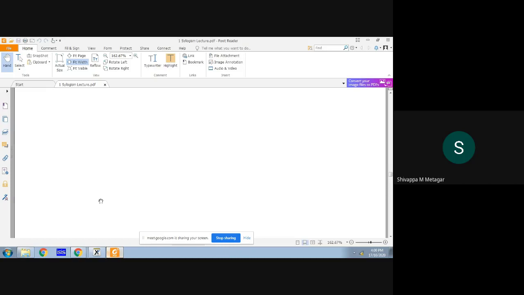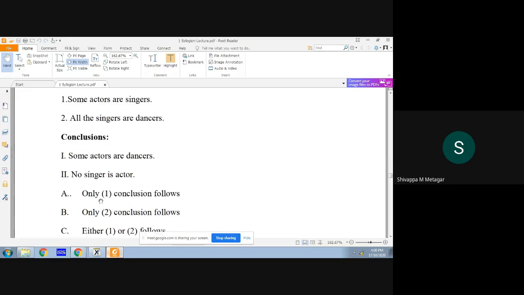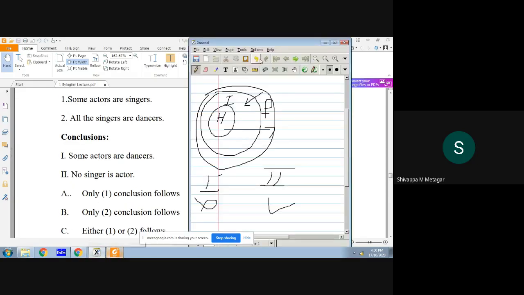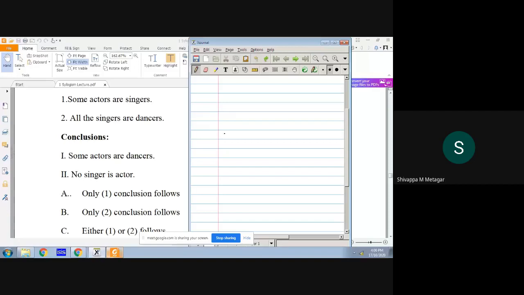Okay. Here also you can see one more diagram. Some actors are singers and all the singers are dancers.